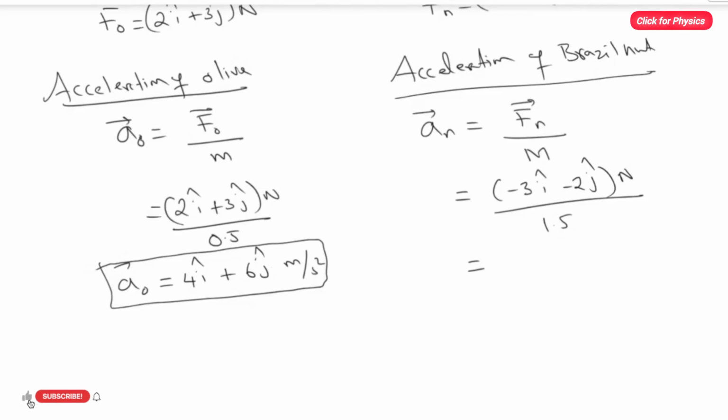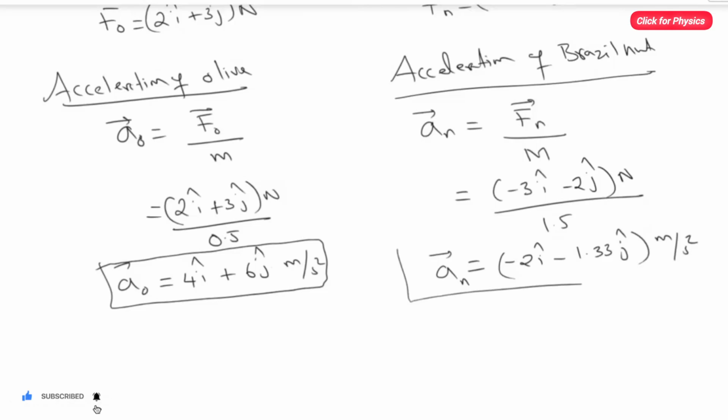Minus 3 divided by 1.5 is nothing but minus 2 i cap. Likewise, minus 2 divided by 1.5 is minus 1.33 j cap, and the unit is meter per second square, which is nothing but the acceleration of the Brazil nut.